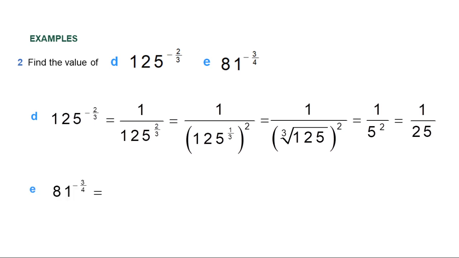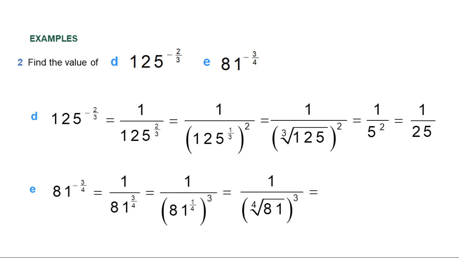Next, letter E. 81 raised to the power of negative 3 over 4. Applying rule number 4, it will become 1 over 81 raised to the power of 3 over 4, wherein the index becomes positive. Okay, we'll change again 81 raised to the power of 3 over 4 to 4th root of 81 raised to the power of 3.